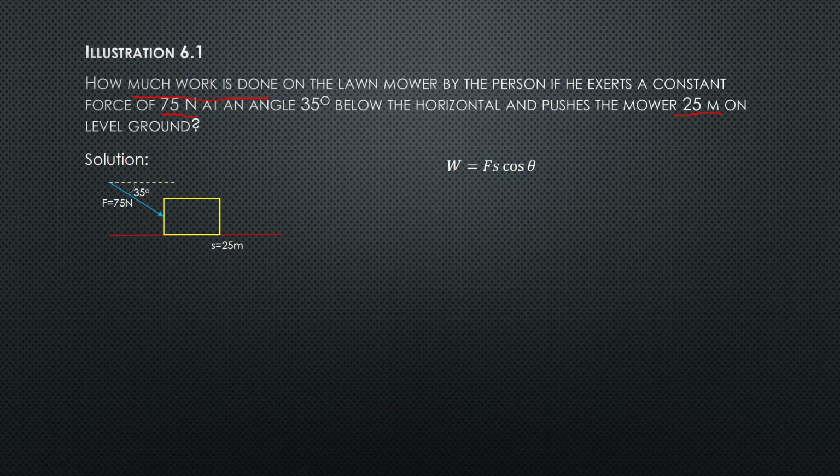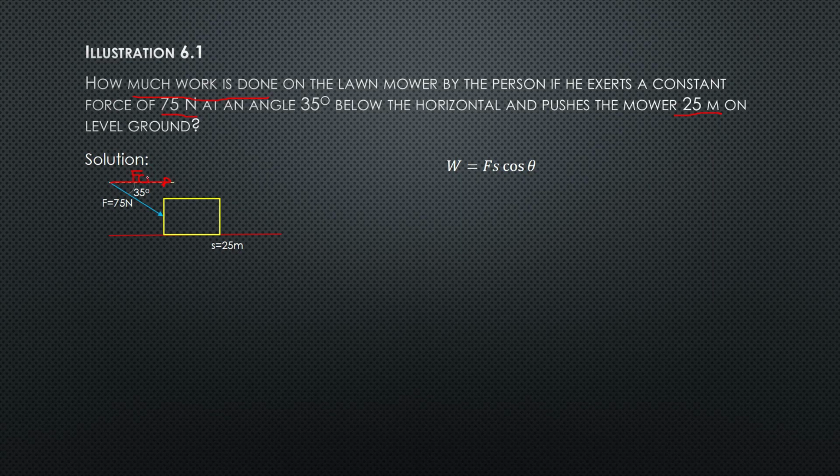So using the formula, work is equivalent to force multiplied by distance and cosine theta. So F cosine theta is this one, you can say that is the x component of this force.